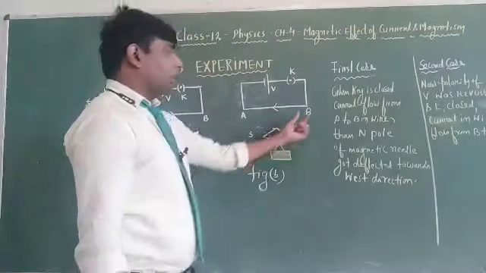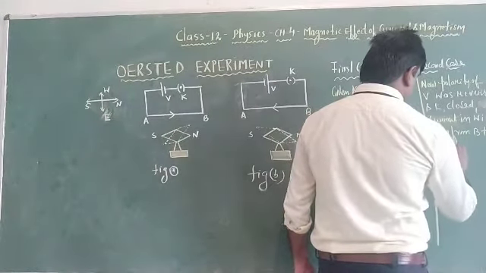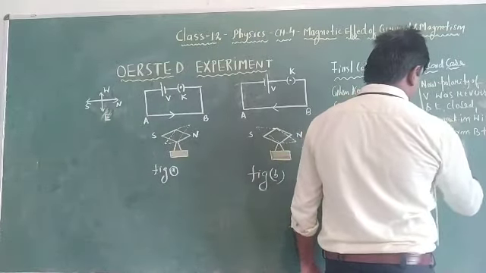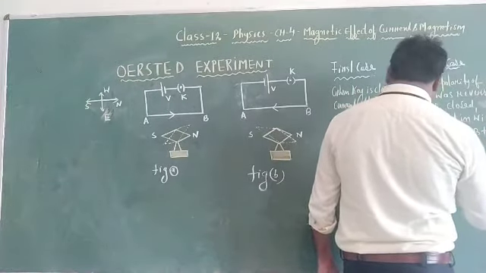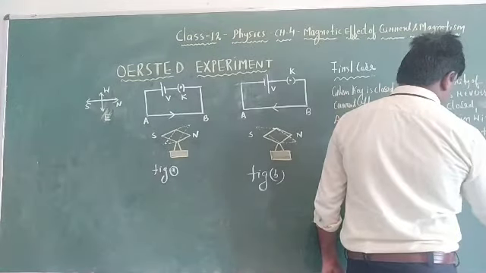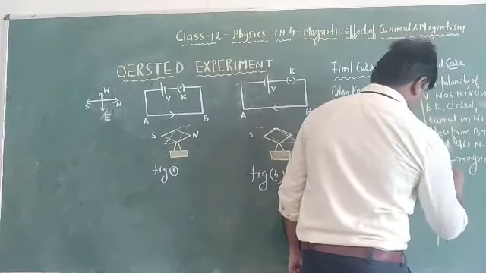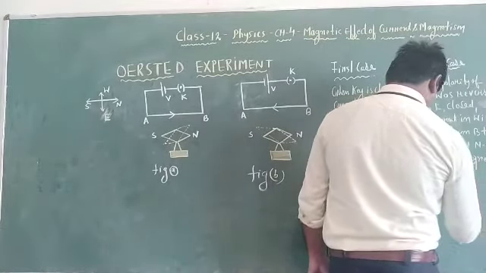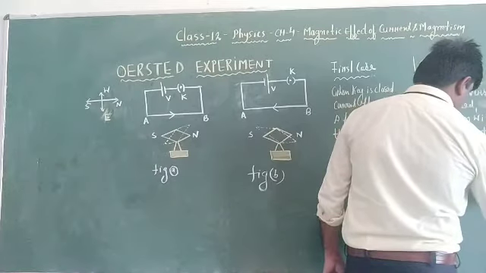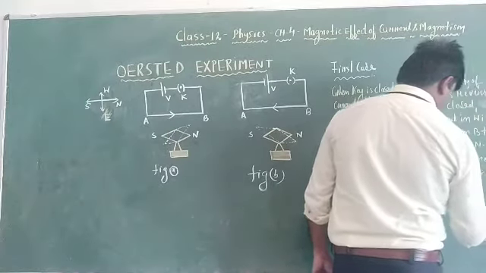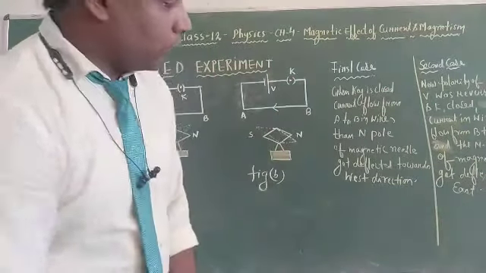That is, on reversing the polarity, the direction of current will change, that is, from B to A. Now the deflection of the needle's north pole will be towards the east.